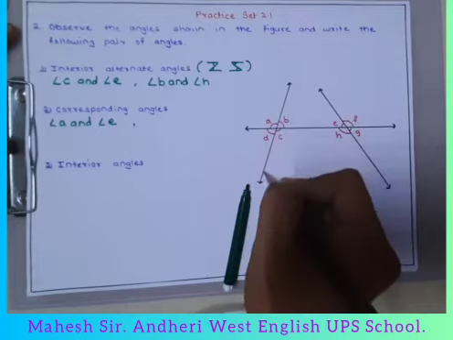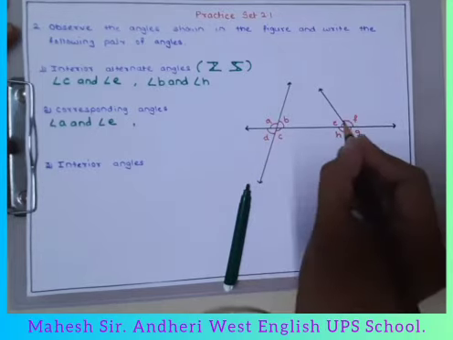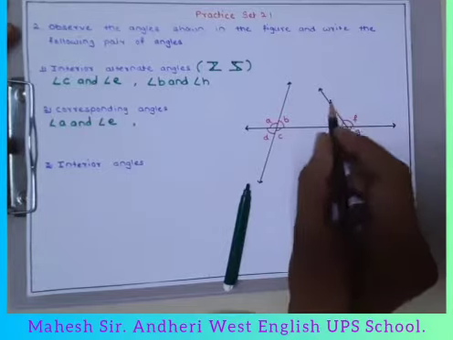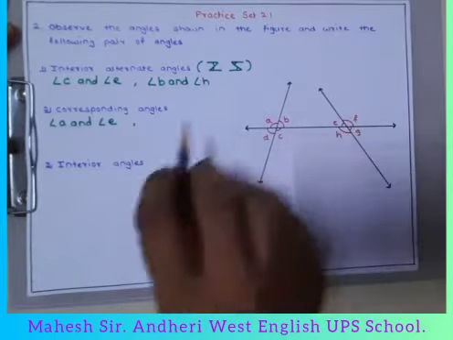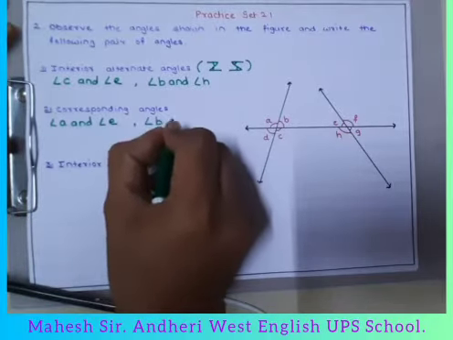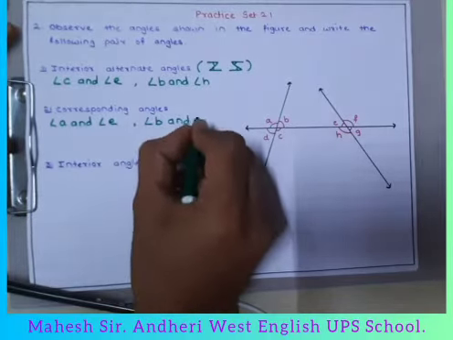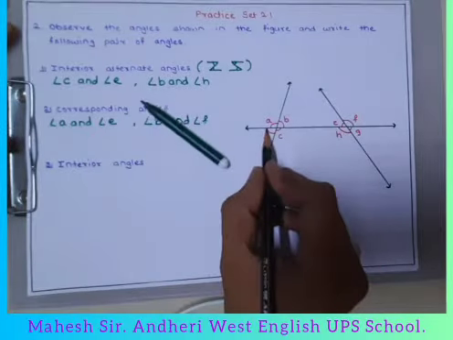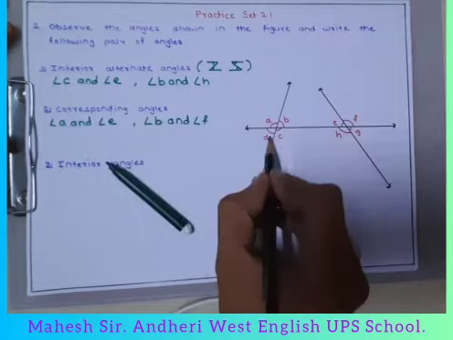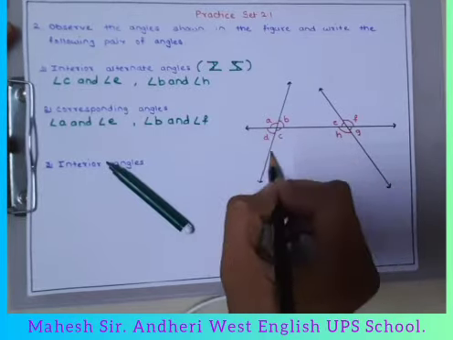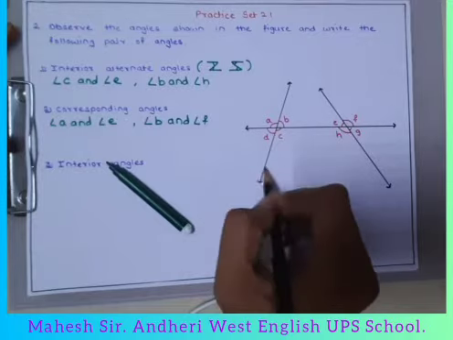the vertical line. Here in the same way we can see F, that is above the transversal and right to the vertical line. So angle B and angle F. Third one, angle D, that is below the transversal and left to the vertical line.